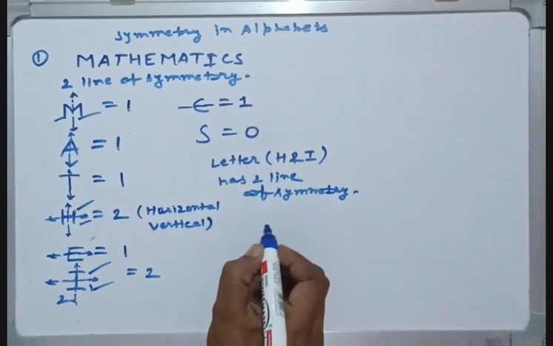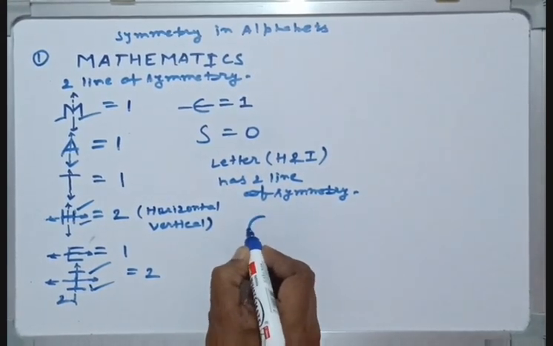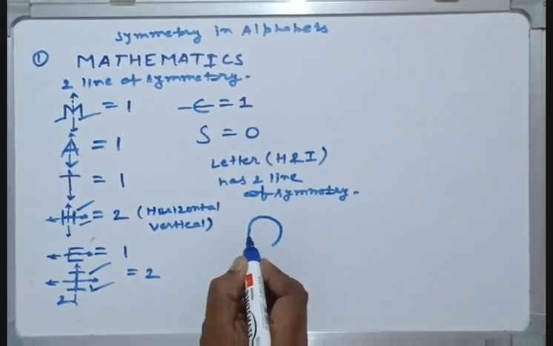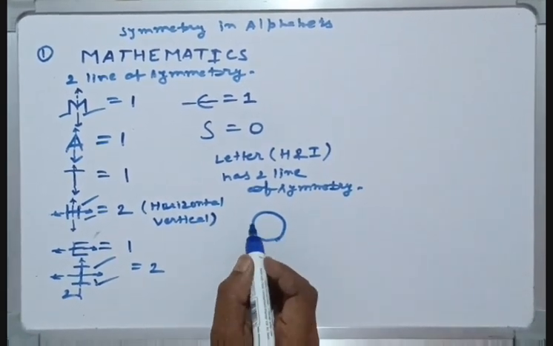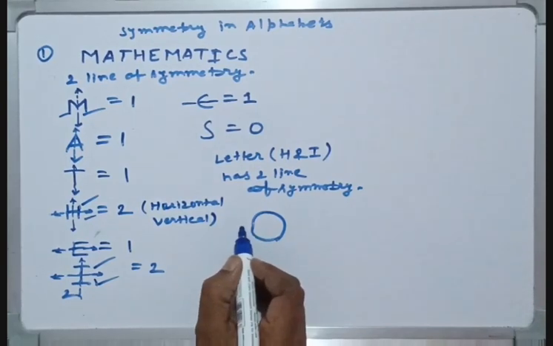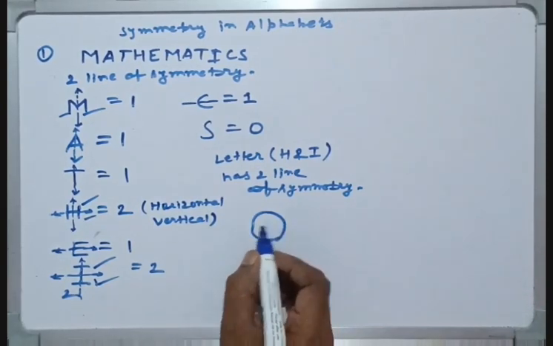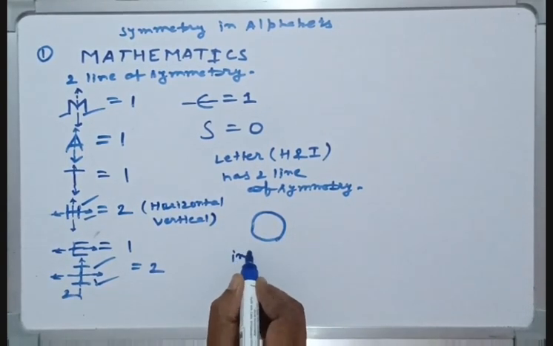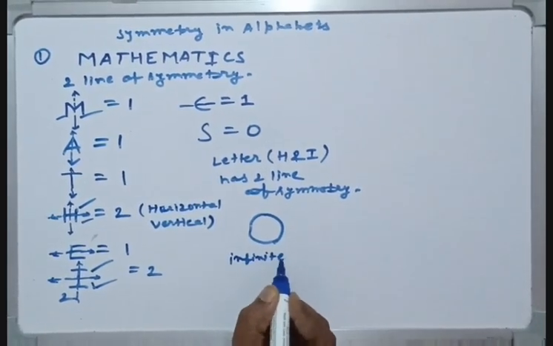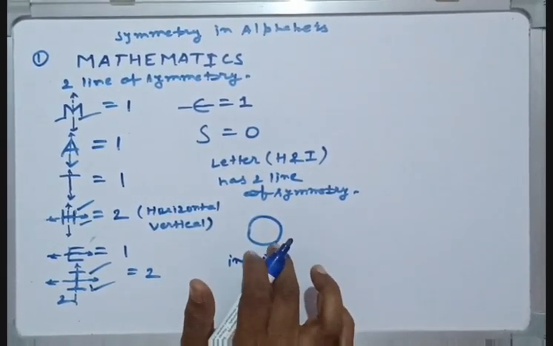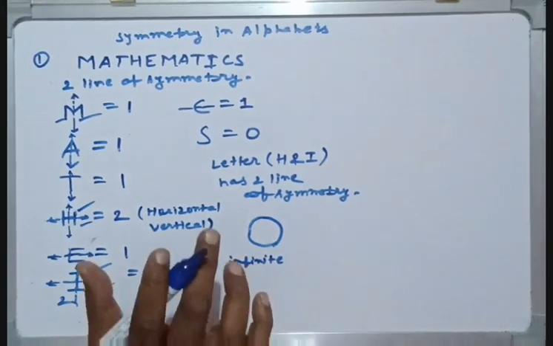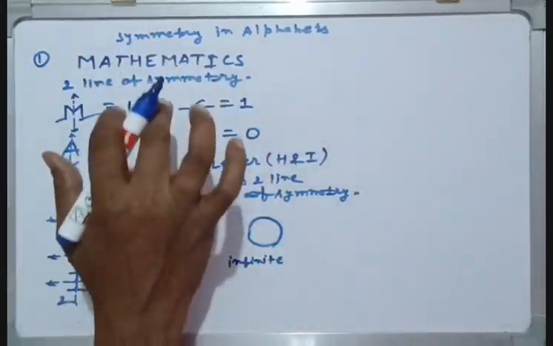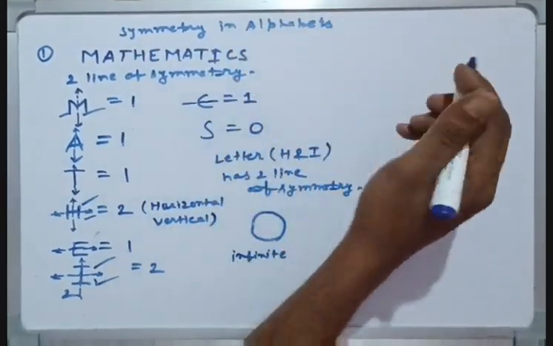O has infinite lines of symmetry. For more detail you can see line of symmetry in a circle, where I have already explained it. Now this one was about symmetry in alphabets.